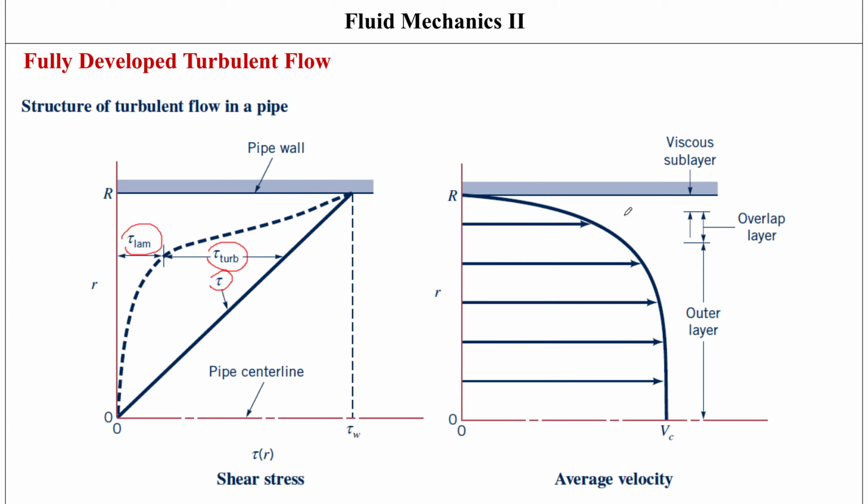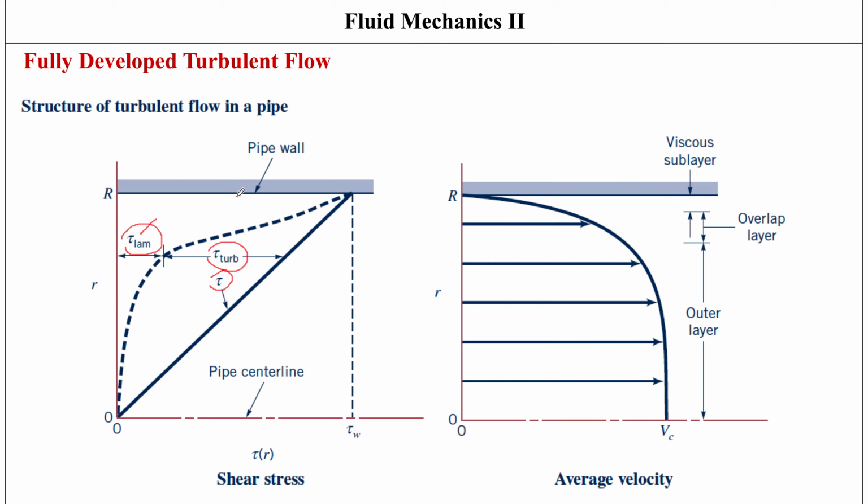So if I was to look at how this shear stress is going to be related when we're looking at, let's say, the viscous sublayer. In the viscous sublayer, what we essentially see is that the laminar shear stress is important, right?